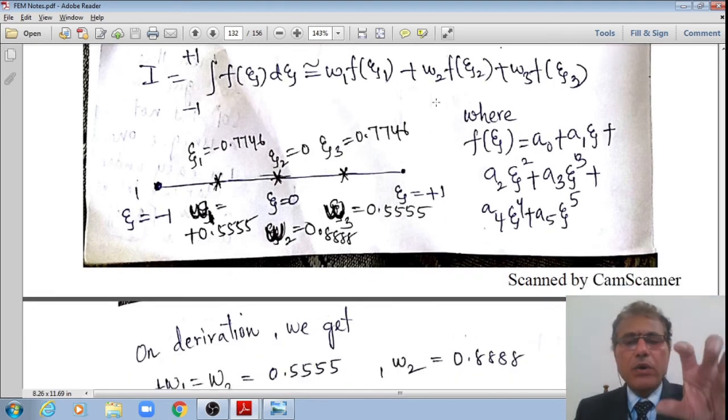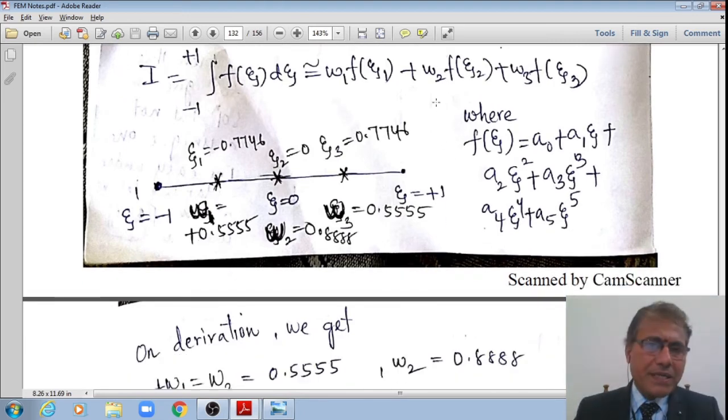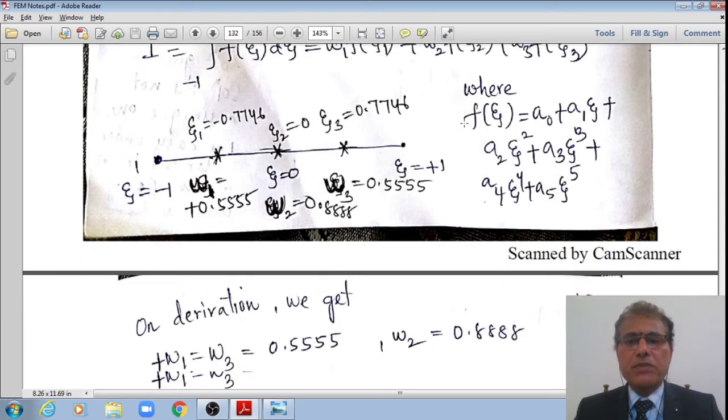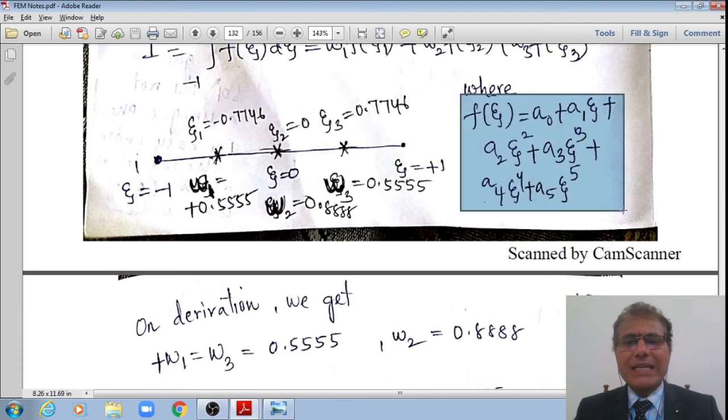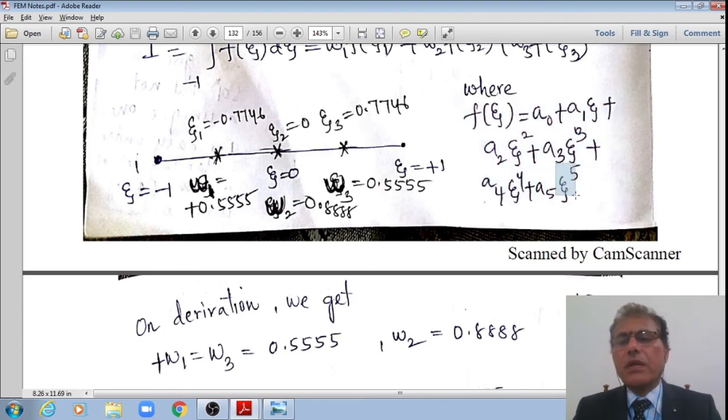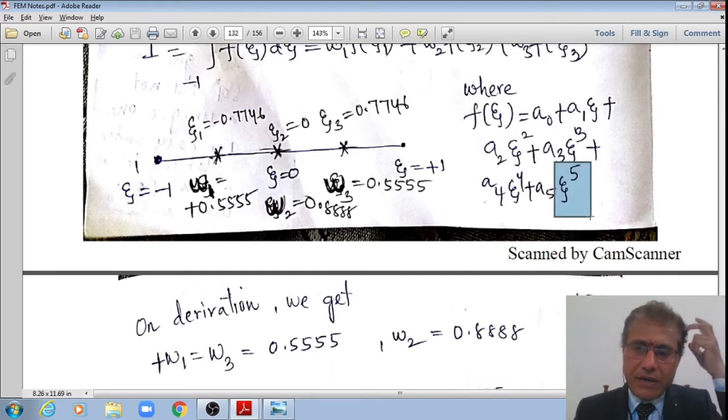Therefore, in turn, I do have 6 unknown parameters in total, w1 to w3, xi1 to xi3. Therefore, as I do have 6 unknown parameters, students, I'll propose the shape functions having 6 constants, 6 minus 1. Therefore, the order of the polynomial in xi is fifth order, right?